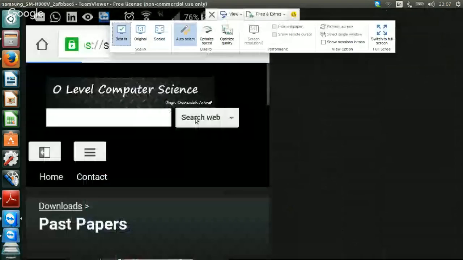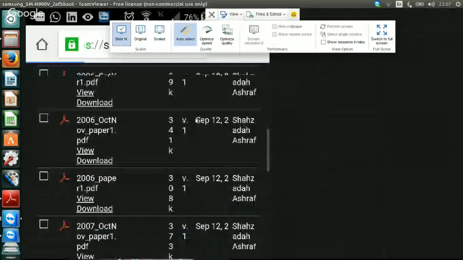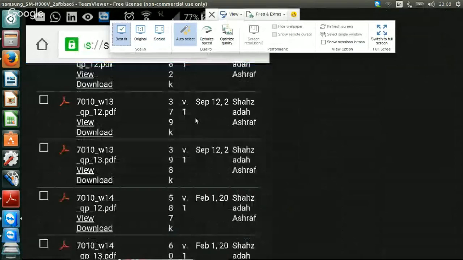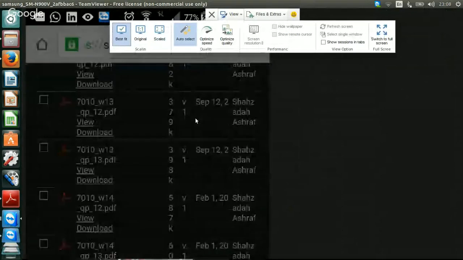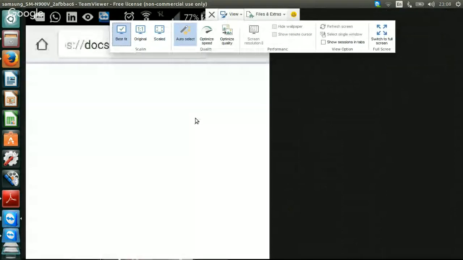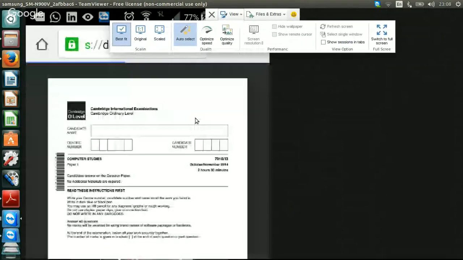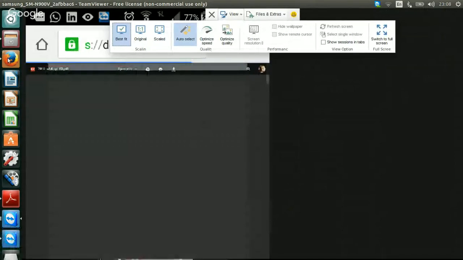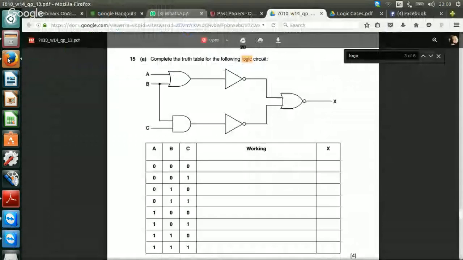With the page number, page 20. Okay. So I'm guessing that this is the only logic question in this paper.